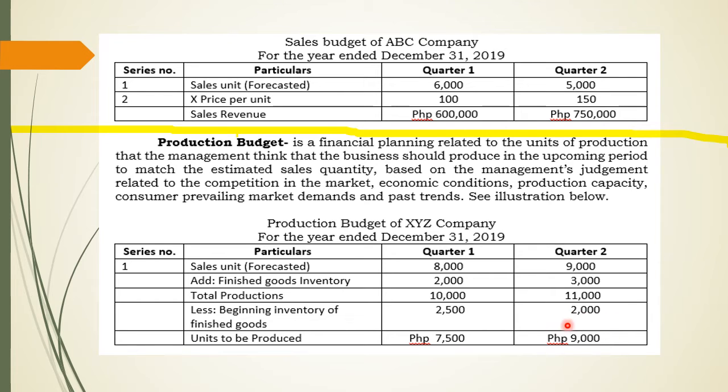Dili na nimo himuon ang 2,000, therefore you will have 9,000 difference sa 11,000 minus 2,000, kanang lang 9,000 ang imong himuon. So, that is how to compute the production budget. As I have said, you must need the sales unit forecast first.